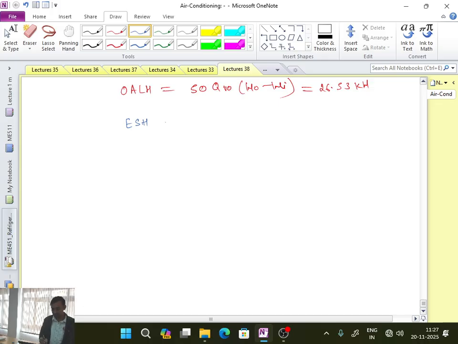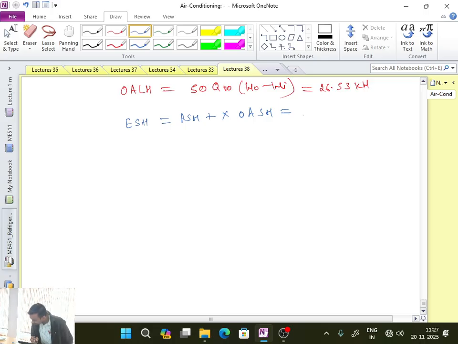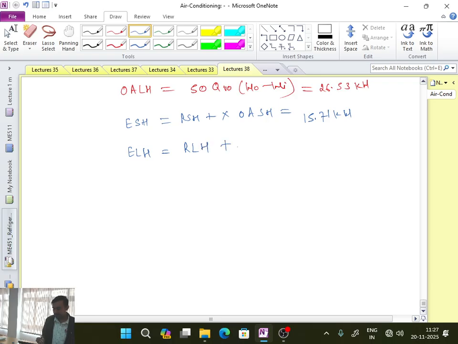ESH will be RSH plus X times OASH. How much is it? 15.71. ELH, similarly, RLH plus X times OALH. How much is it? 4.33.